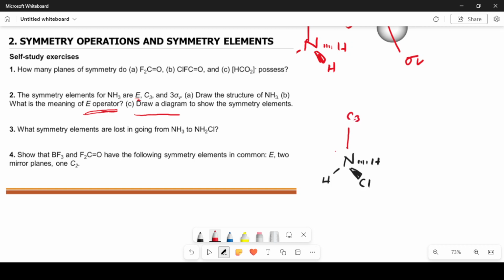We don't, because they are not identical.